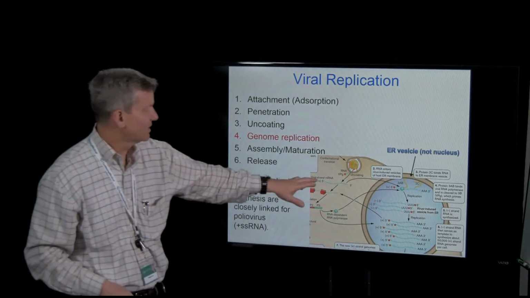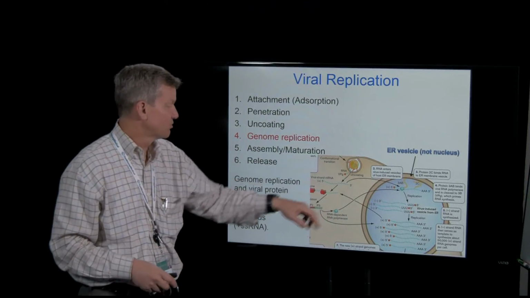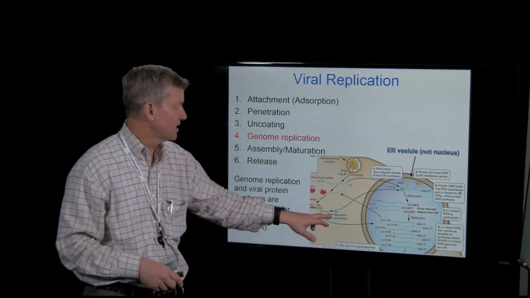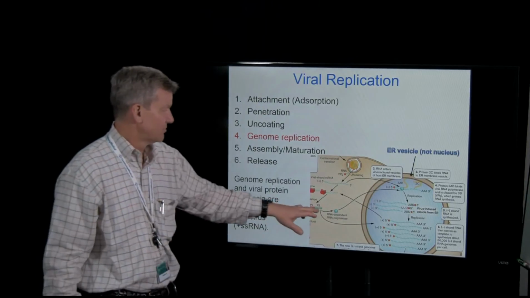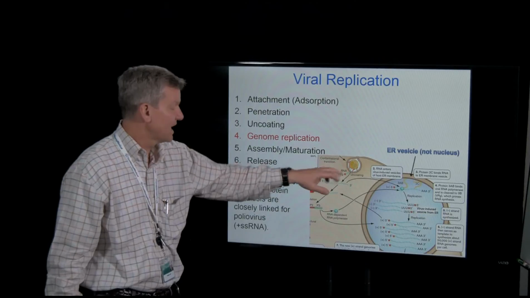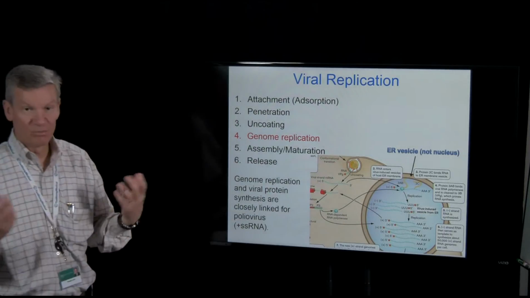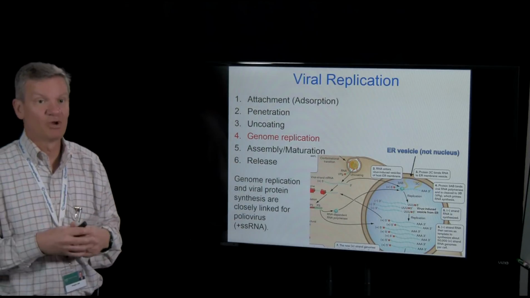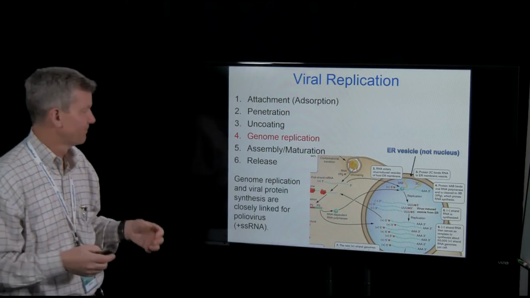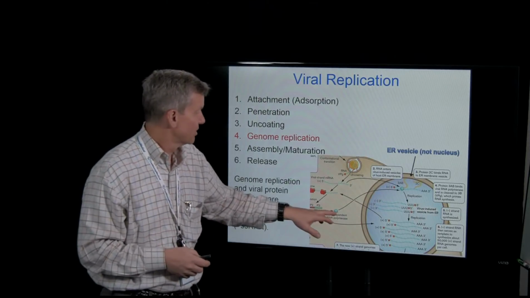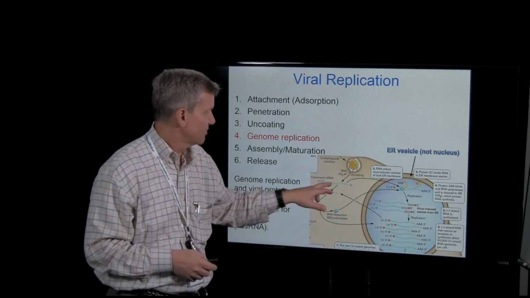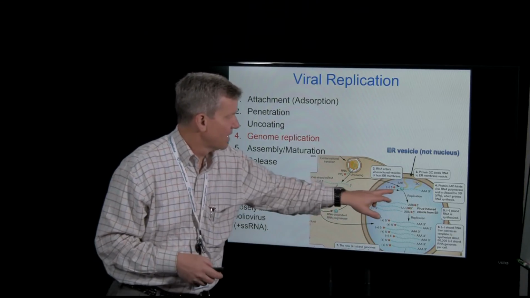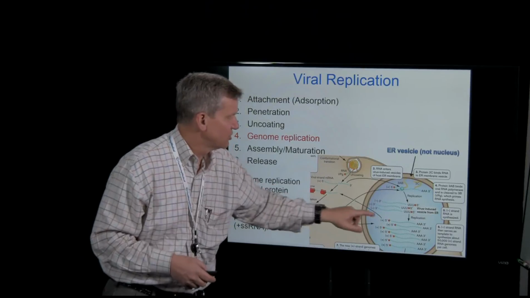Since this is positive sense, the first protein they make is an RNA-dependent RNA polymerase, because the virus doesn't carry a polymerase with it; it can make its polymerase straight away. The RNA-dependent RNA polymerase starts taking the genome and making negative sense out of it.